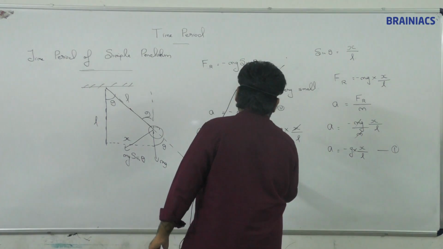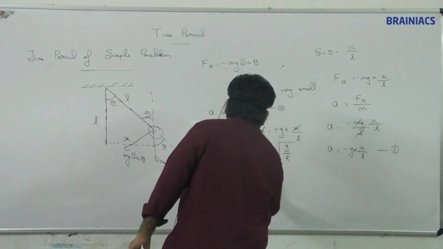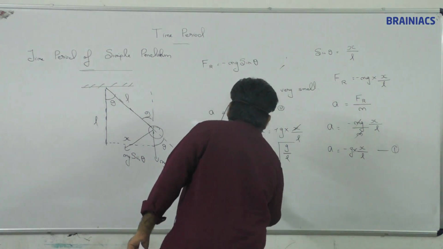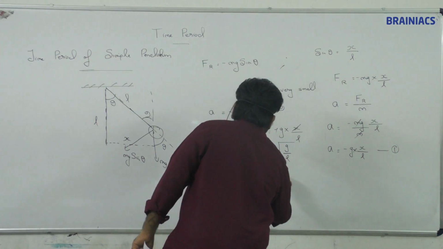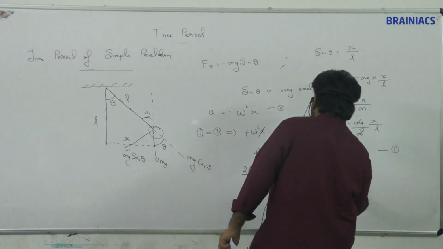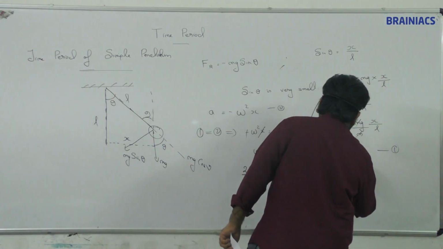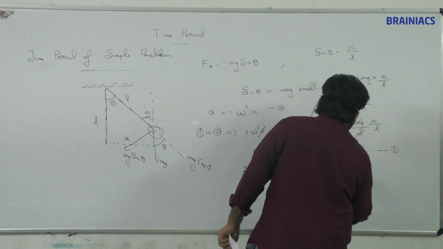This is going to be omega is equal to root of g by L. Now this is going to be 2 pi by T is equal to root of g by L, and finally we will be getting T is equal to 2 pi into root of L by g.